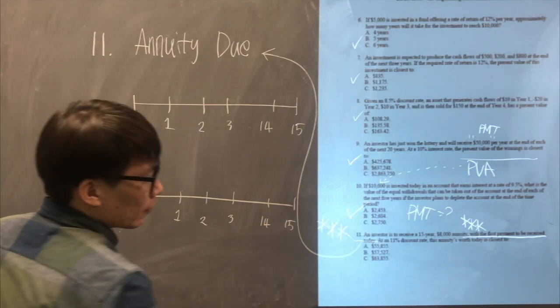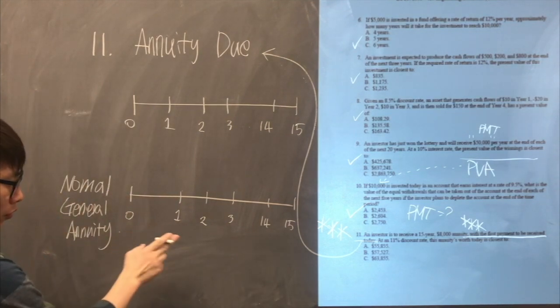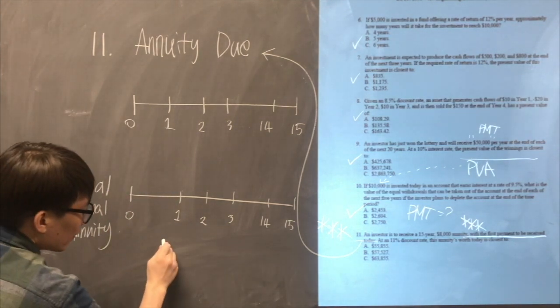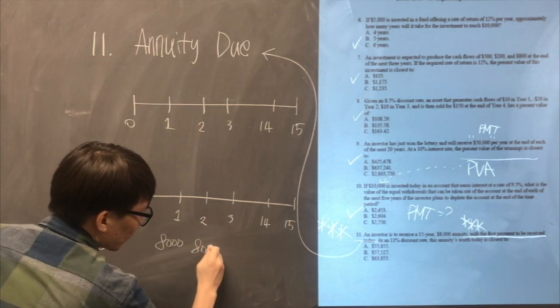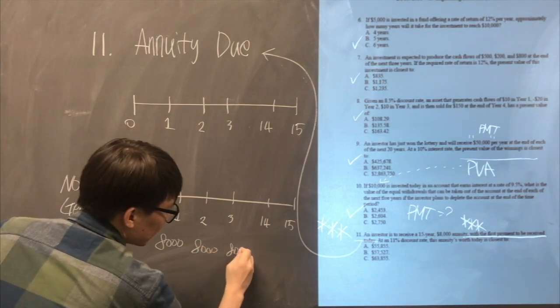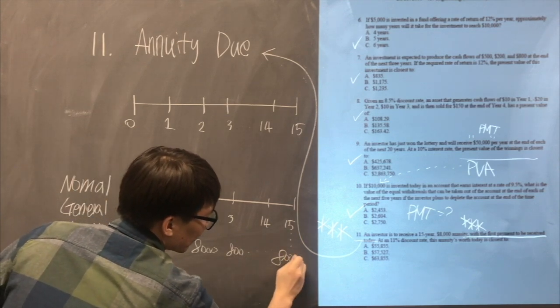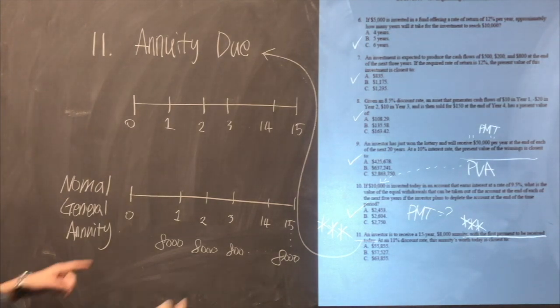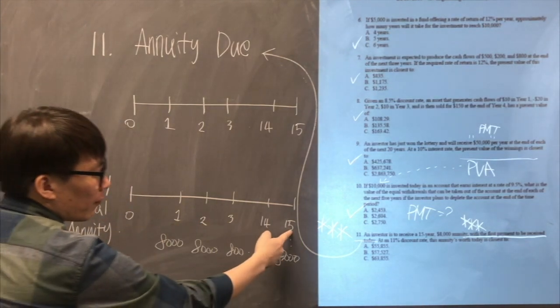They mention you receive 8,000 for 15 years. In the normal case, you receive the money at the end of year 1, end of year 2, end of year 3, and so on, to the end of year 15. So you have 15 equal payments, 1 to 15.